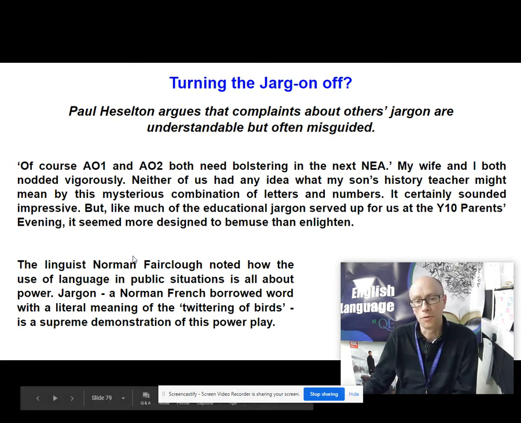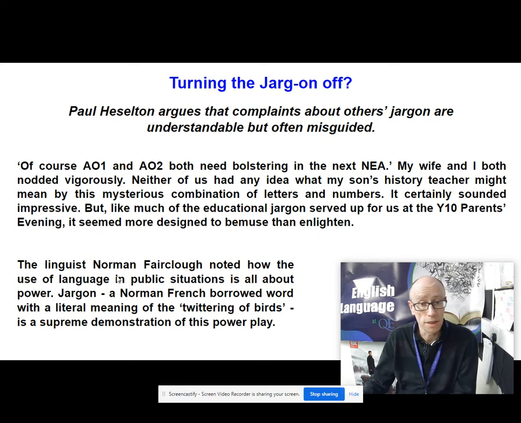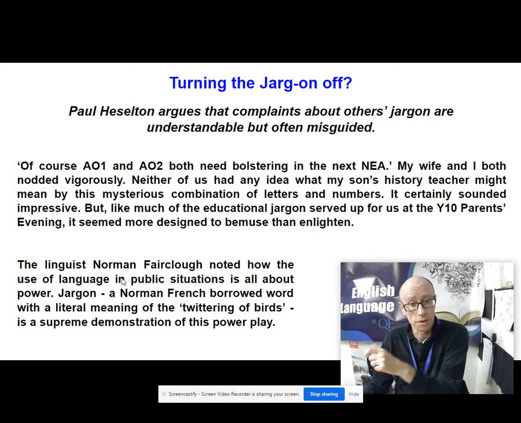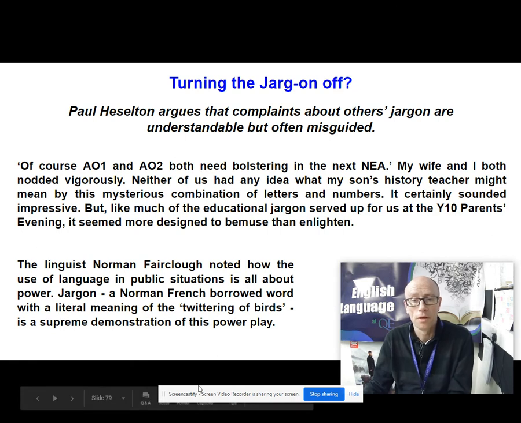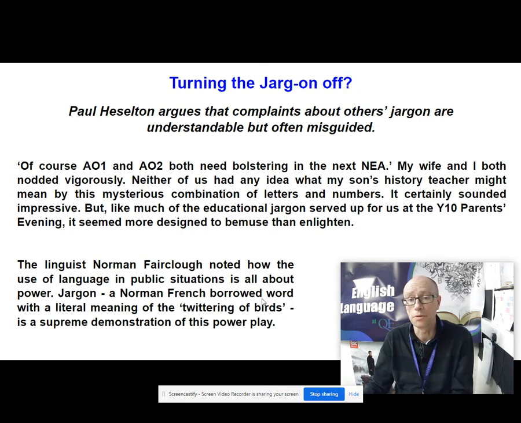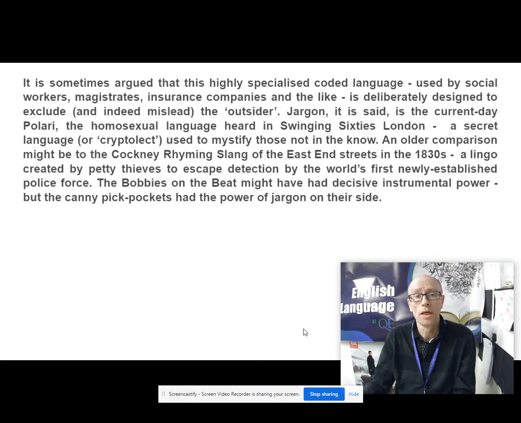So we've got the introduction of Norman Fairclough, and the point that Norman Fairclough interprets jargonistic use as being to do with power. We've got some knowledge here because there's information about the etymological roots of the word jargon and what it meant. Okay, so immediately we're on the board here. We're scoring points for AO2, which remember is two-thirds of the mark.